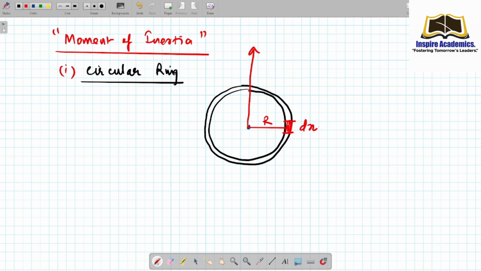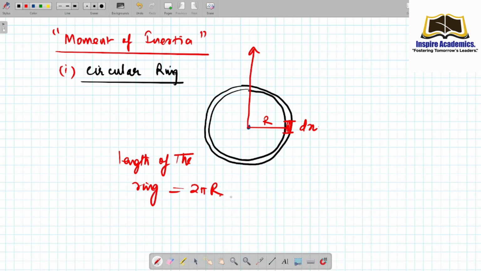Okay. So what is the length of the ring? Gayatri, tell me. Length of the ring will be 2 pi r because r is the radius.